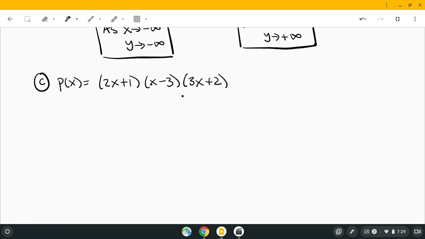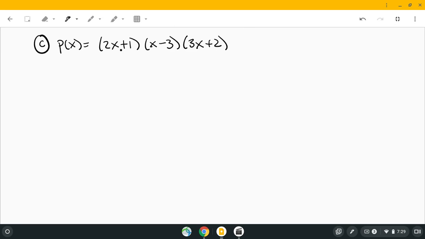The way you get the leading term here is by multiplying the lead in here, the lead in here, and the lead in here. Okay? So you're going to multiply the leading term here with the leading term here and the leading term here.